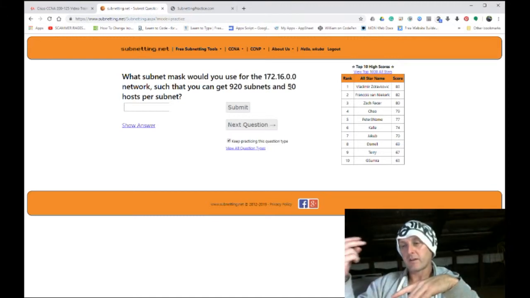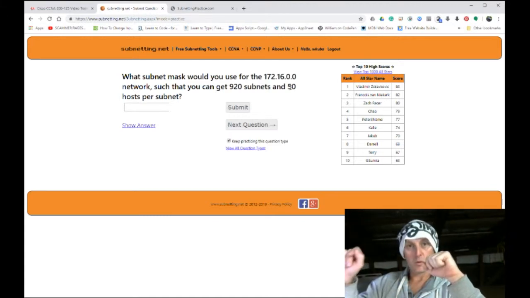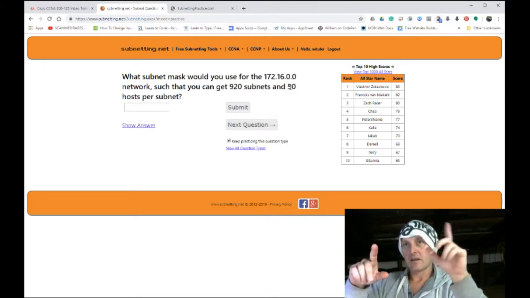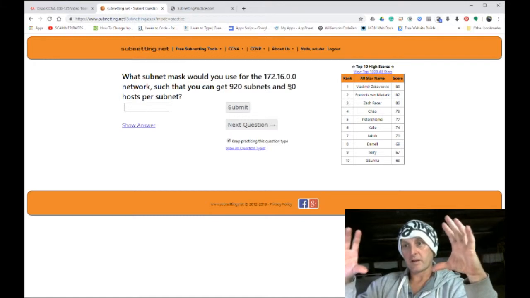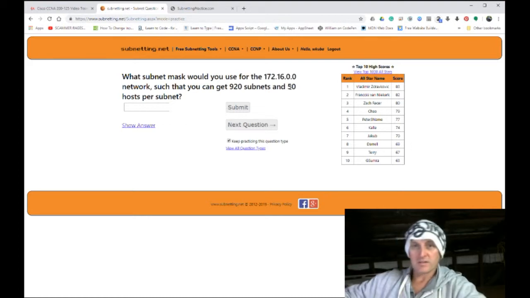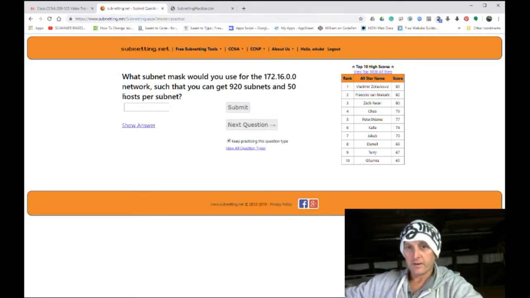You've always got to subtract 2 for the host portion, but the block size is the entire block, which includes the network and the broadcast. But when we're talking about hosts, like this question, you have to subtract the 0 and the 255 of any block size of any IP address.